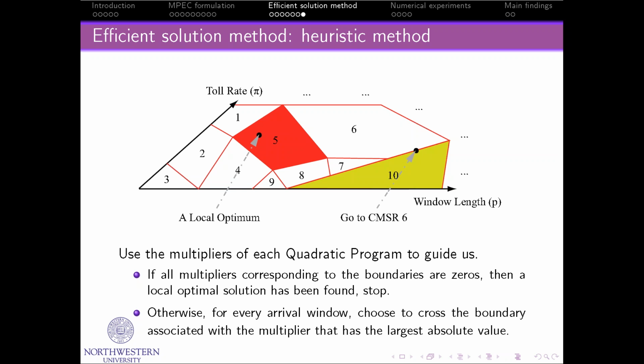And also, if a cyclic searching path occurs, that means the local optimum is on the boundary of all the cyclic CMSRs. So this method works very well in our numerical experiments.